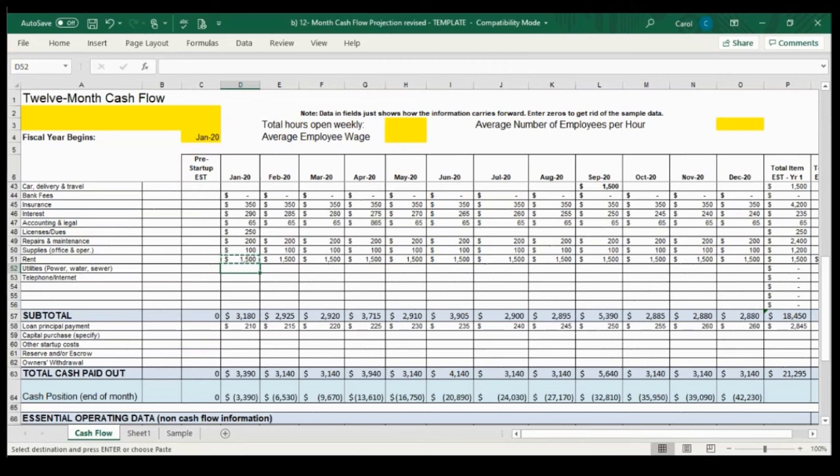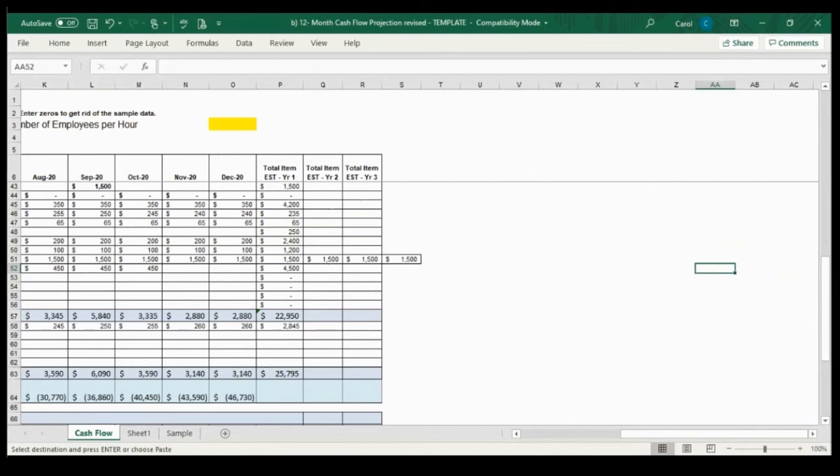For this, let's just round it and say $450. So $450 that you're going to pay in utilities costs. Okay.